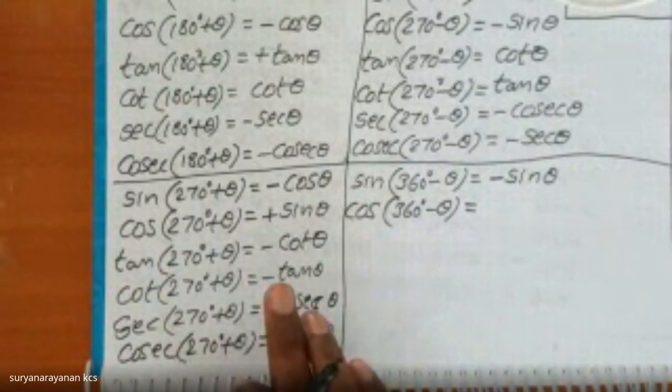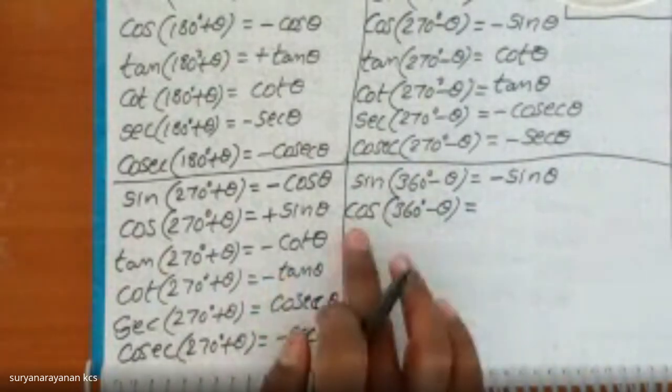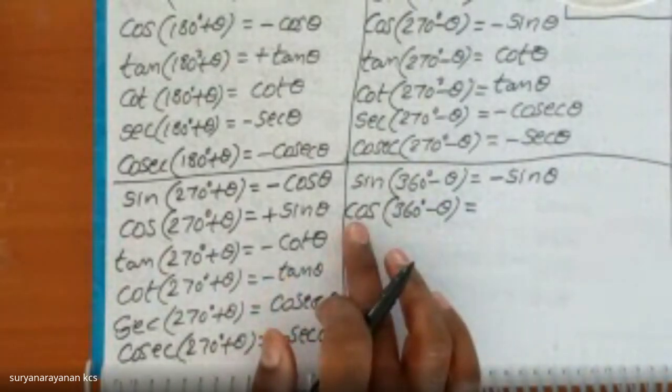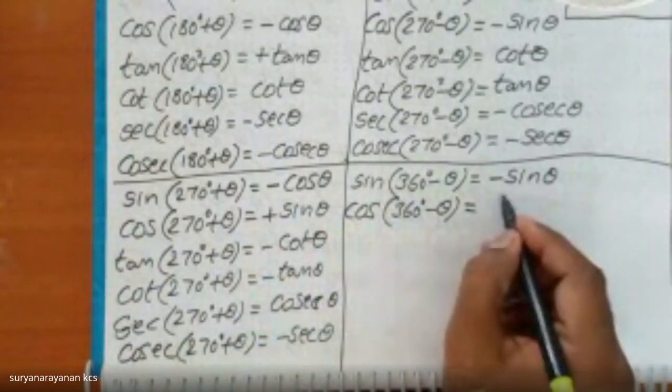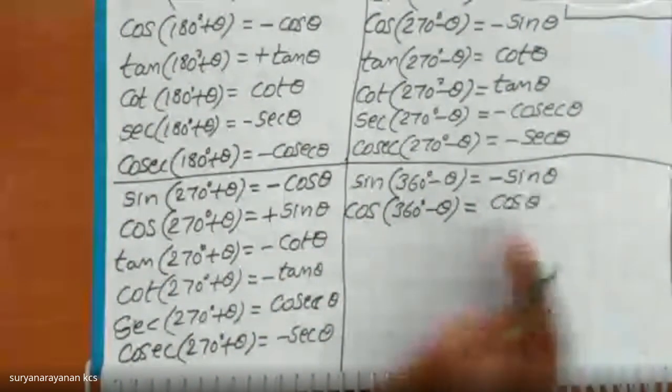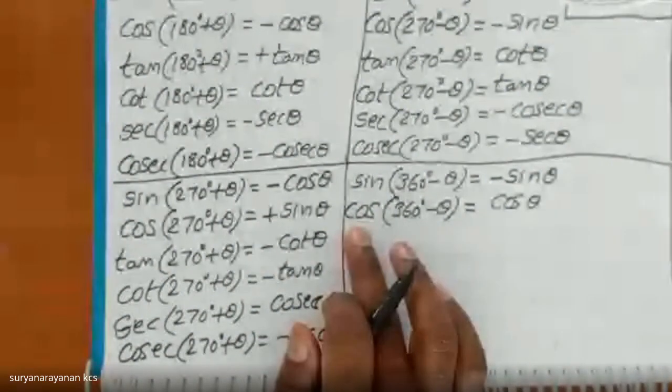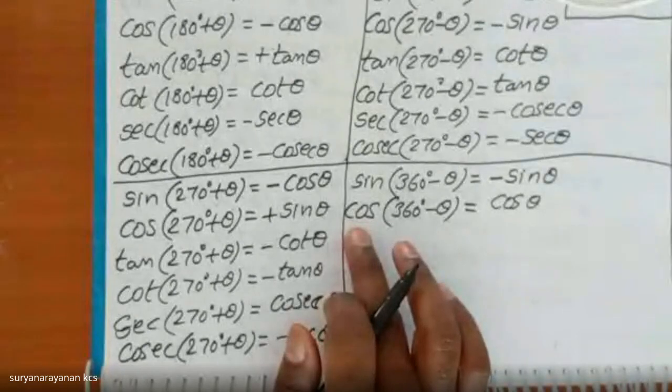Samuel, you are mistaken again. In the fourth quadrant, cos is positive, not negative. Don't be confused, my dear Samuel. Cos theta. In the fourth quadrant, cos is positive. Please remember this rule.